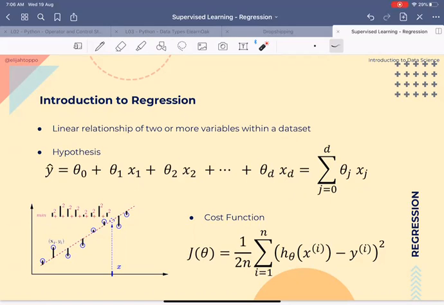So we have parameters like theta 0, theta 1, theta 2, theta d, which are weights that get multiplied with the feature value, so that we add all of this up to get a weighted sum, and that is the answer that we have. So we take different weights, multiply them with different features, and add all of these values up so that we get a prediction.